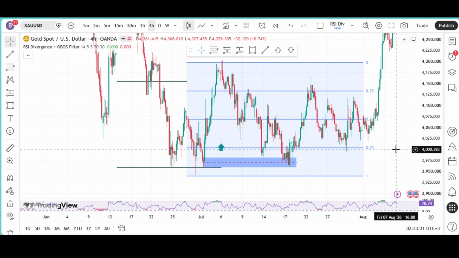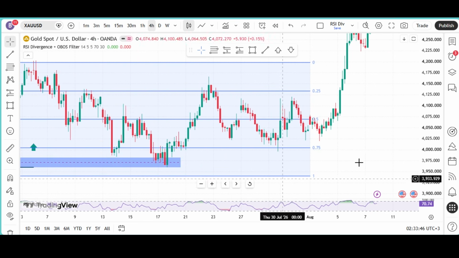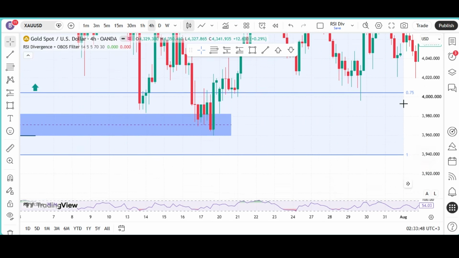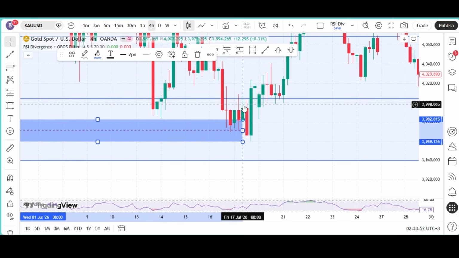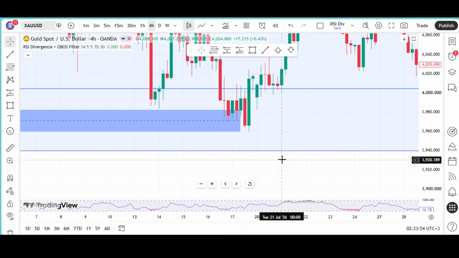The way I trade fair value gaps and order blocks is I first wait for a reaction from that area of interest, and the reaction I'm looking for is an engulfing candle, and that is what we see here in the 4-hour time frame. And something interesting happens around here: what happens in the higher time frame has also happened in the lower time frame.